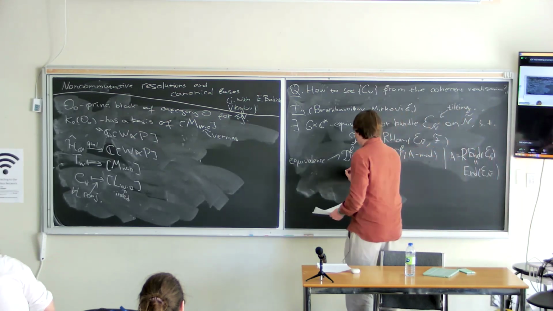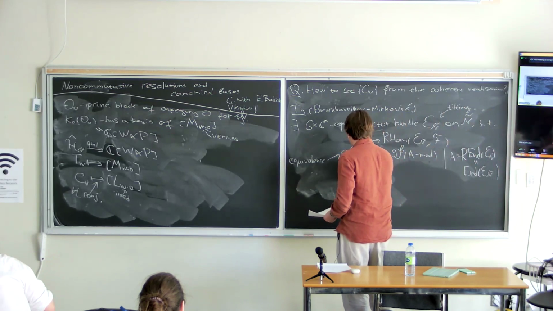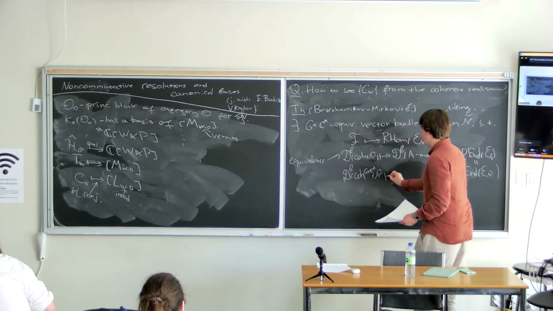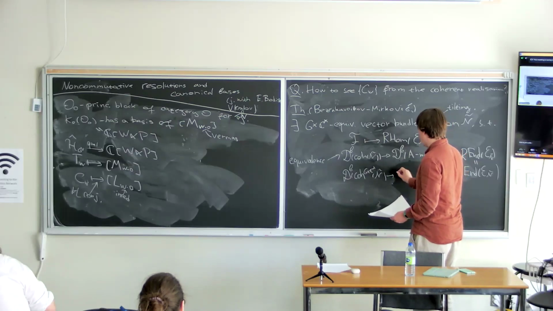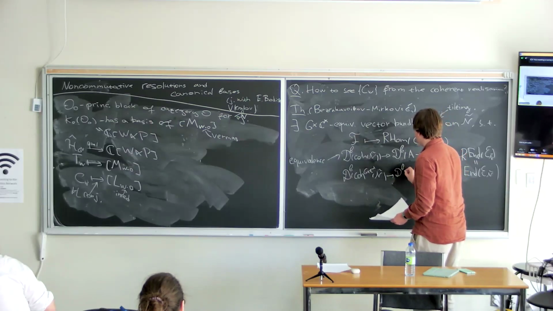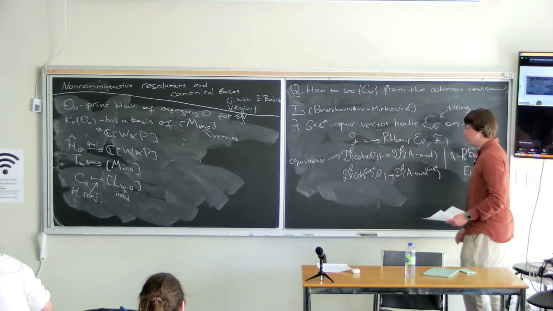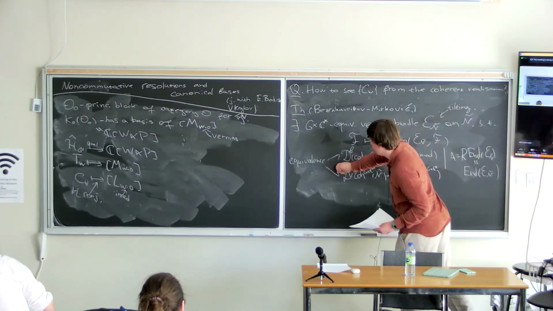And this admits also an equivariant version, which actually comes for free from knowing this. And yeah, we can consider equivariant A modules, G times C star. This is also an equivalence.